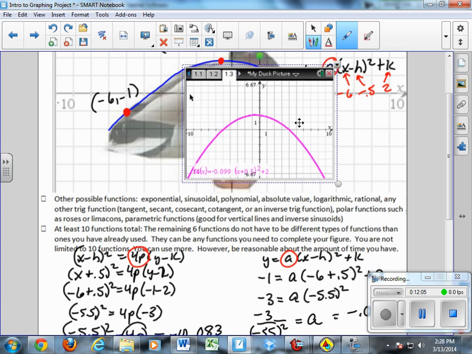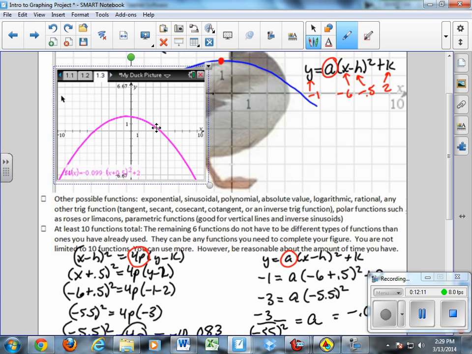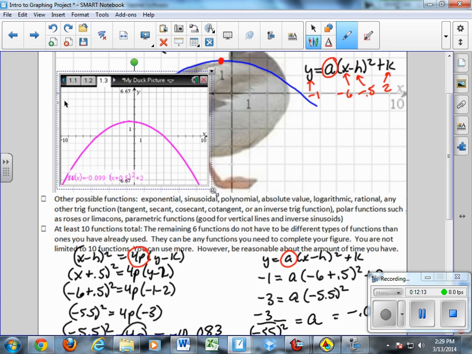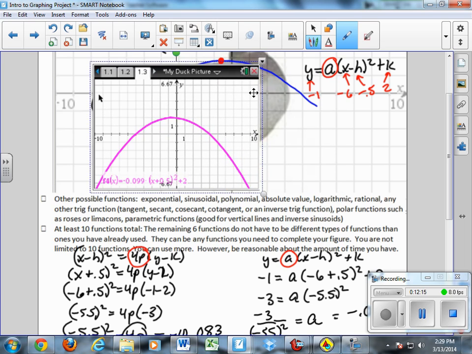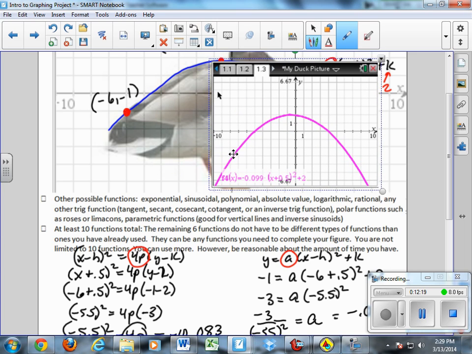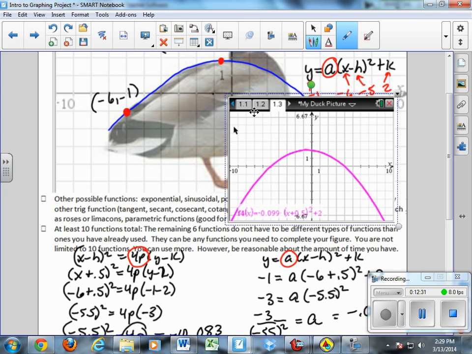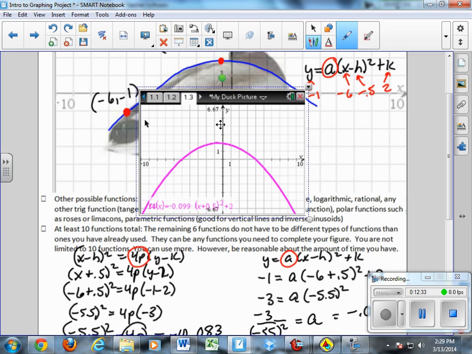I don't know if maybe that's because I've got this stretched out at a different dimension. But I can put this with my drawing and I can see it should go through where the negative 6, 1 was. So it goes through negative 6, 1. It looks like it's the right height. So I think it may just be the way I've got my graph stretched out. It may be more stretched out on this picture, and it looks wider.